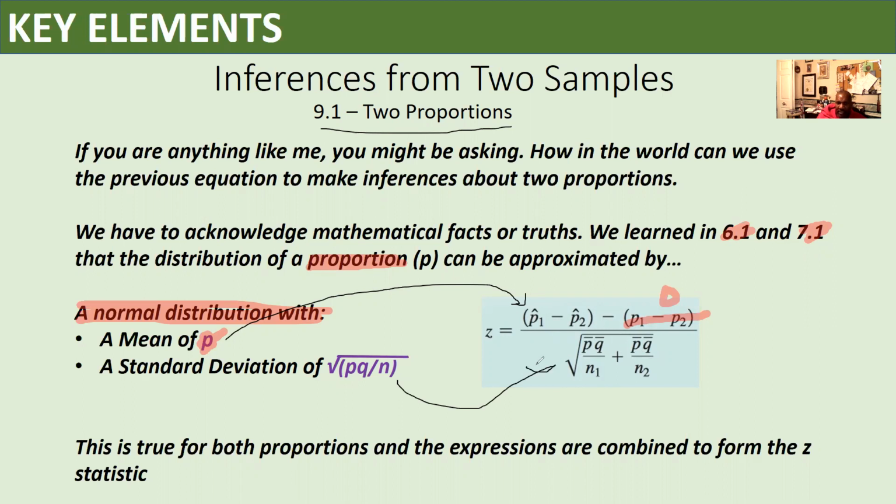So the reason why this equation is used is because it's kind of a variation of what we've used before. Since we're using proportions, we're not going to use the z-score that we learned originally, which is z equals x minus x bar over s.